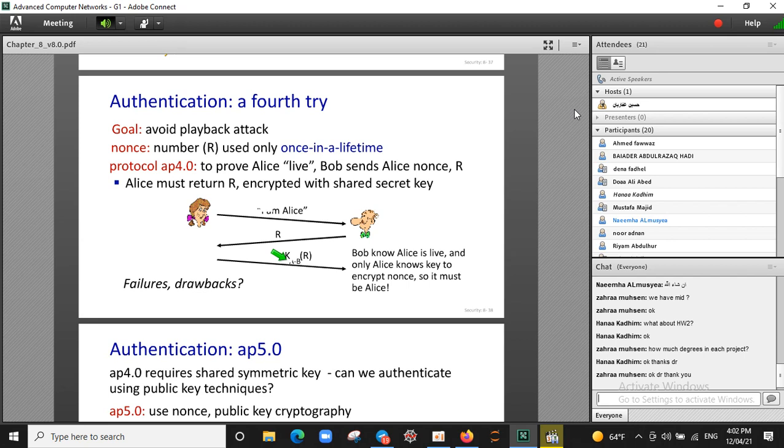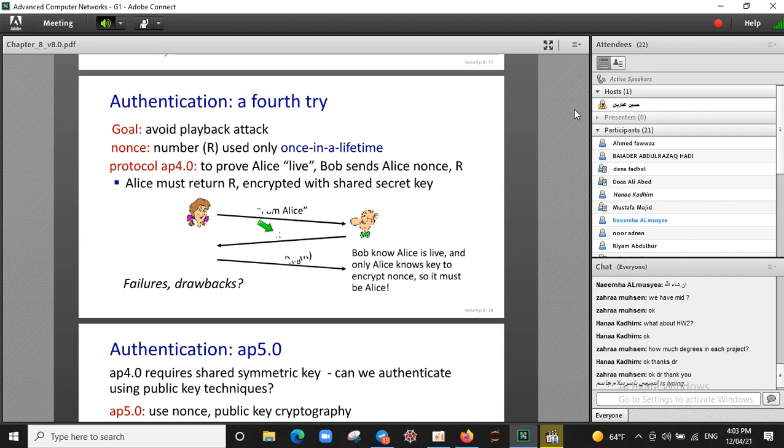Then she can encrypt the received message from Bob with that shared key, and she will send it to Bob, and Bob can decrypt the message and check the result with his sent message, R.